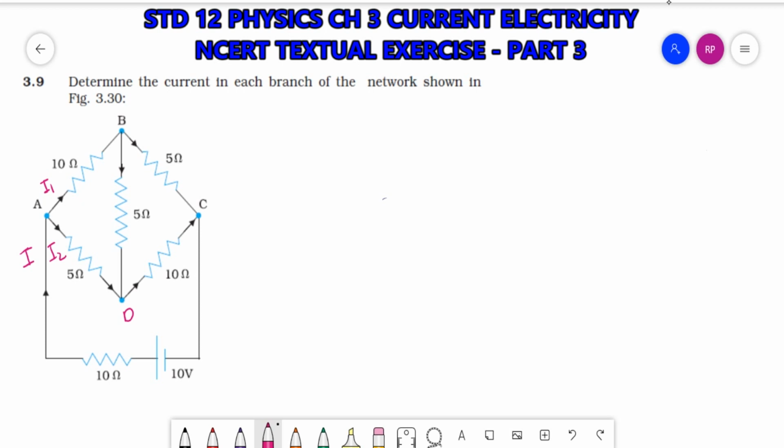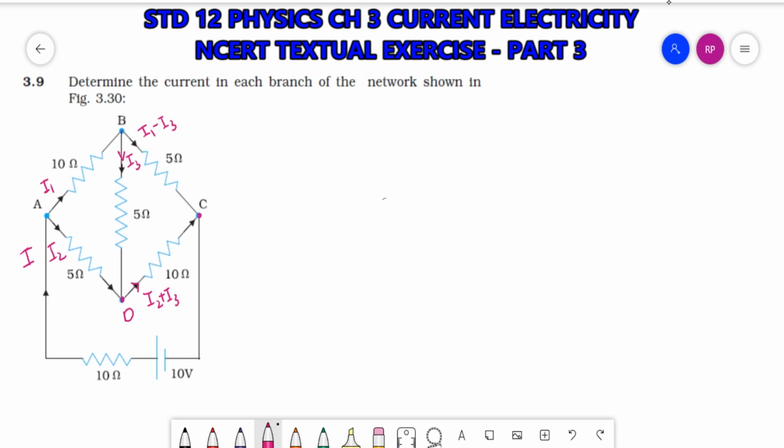Now I1 enters at point B, and if I3 goes in branch BD, then in BC it will be I1 minus I3. At point D, the current entering from A is I2, from B is I3. So from D to C, it will be I2 plus I3.